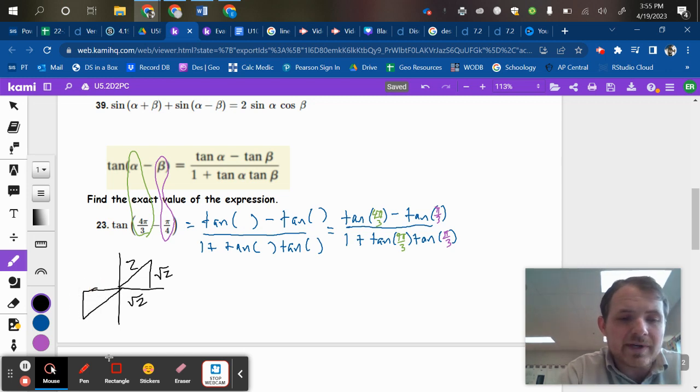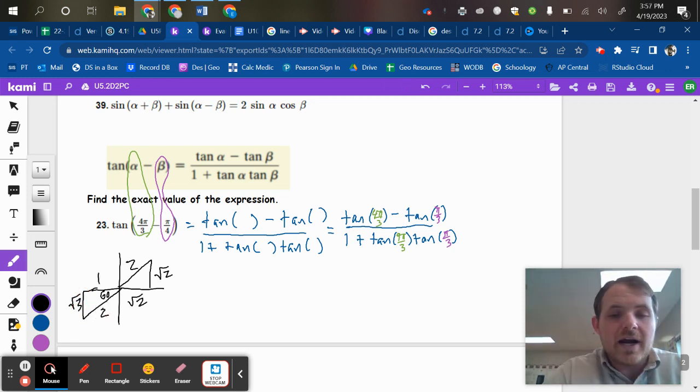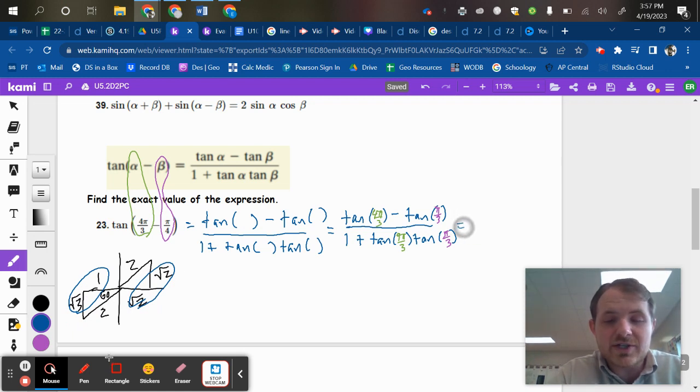So pi over 3, that would be 60 degrees, giving you radical 3, 1, and 2 for that triangle. All right, so the tangent of 4 pi over 3, that gives me radical 3 over 1. And the tangent of pi over 4 gives me radical 2 over 2, which is just going to be 1. Remember, everywhere where you see a sine, cosine, or tangent should get replaced with some fraction.